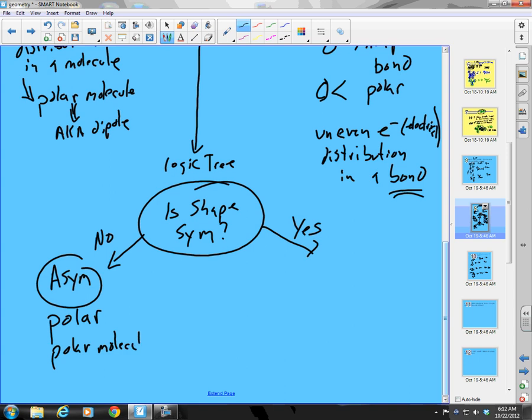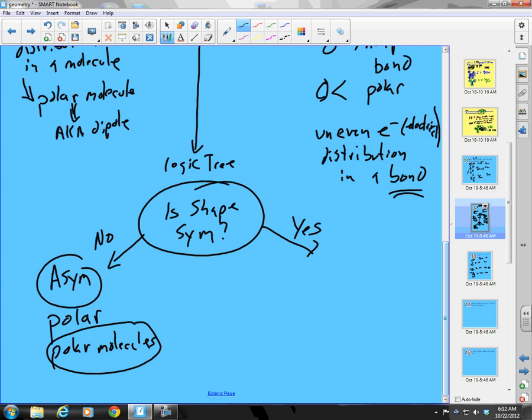So anytime you have trigonal pyramidal, seesaw, square pyramidal, all of those are always polar molecules. Good. What if my shape is symmetric? Well, then we have to place another question.